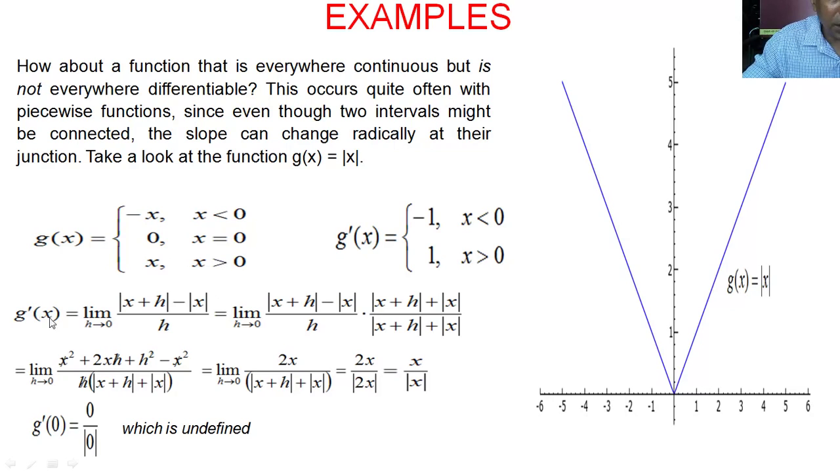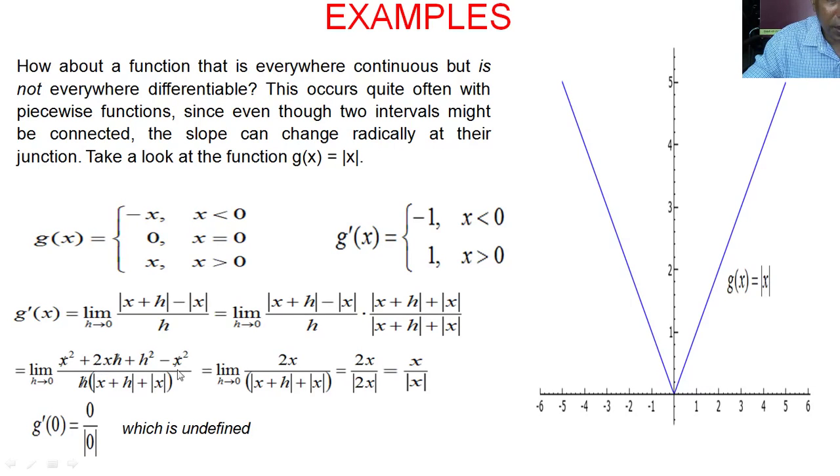Now we know g dash x is limit h tends to 0, mod of x plus h minus mod x by h. Now we multiply both numerator and denominator by mod of x plus h plus mod x.